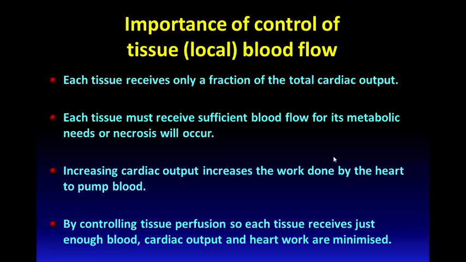Increasing the cardiac output increases the work done by the heart to pump the increased cardiac output. Hence, by controlling tissue perfusion so that each tissue in the body receives just enough blood for its metabolic requirements, cardiac output and the heart work are minimized.